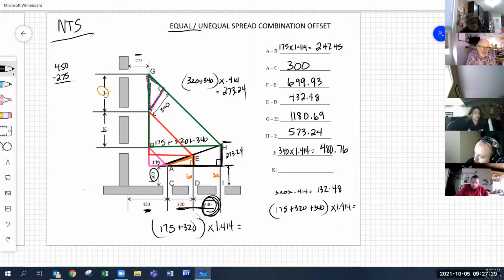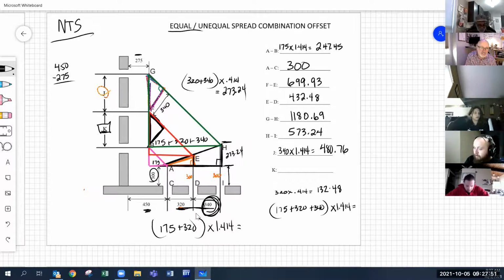The K measurement in here, there's K over there, is the same. So I'm going to draw a right angle triangle in here. Here it is. Let me just get it thicker so you can see it. There's my right angle triangle.